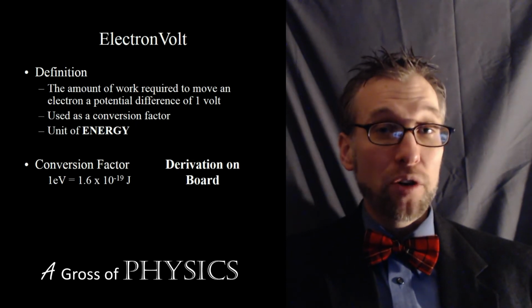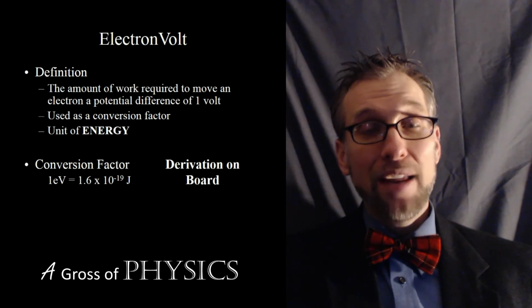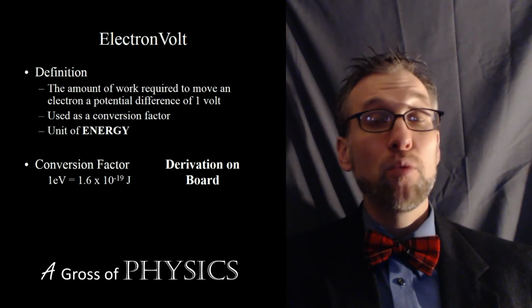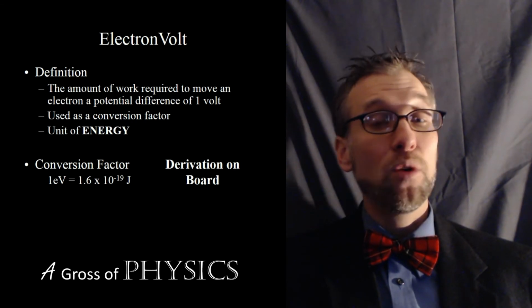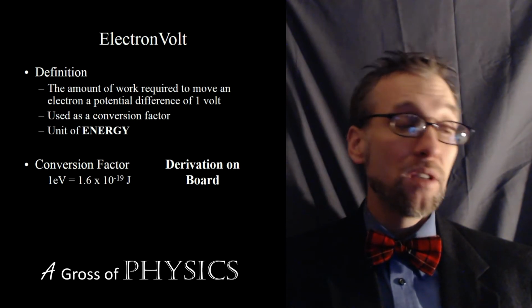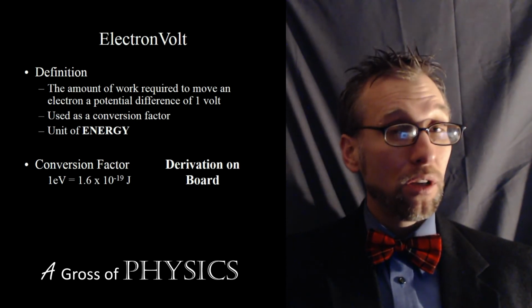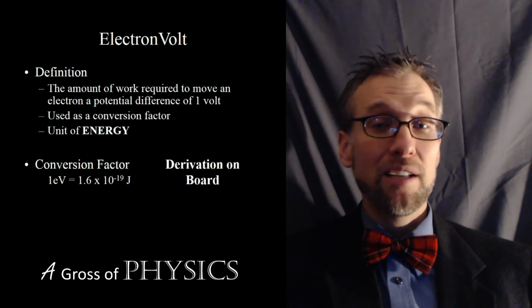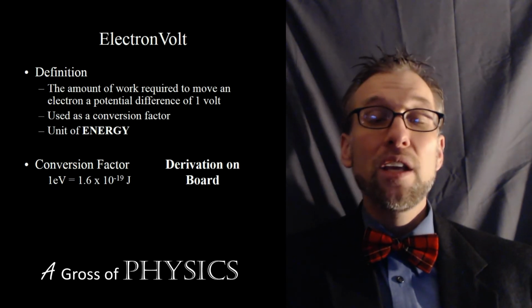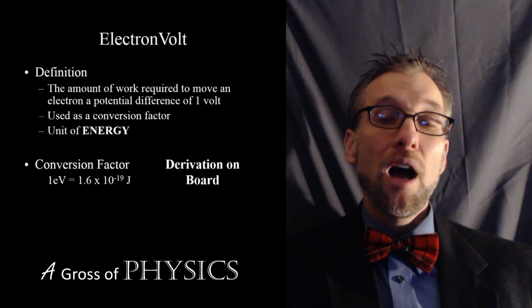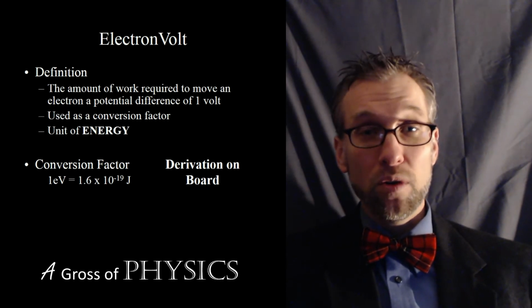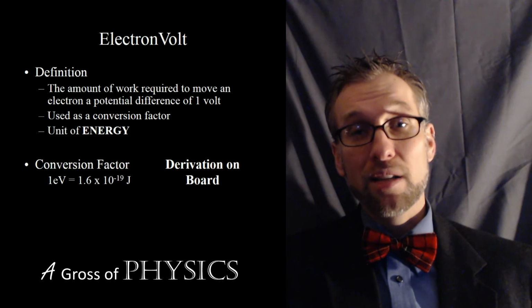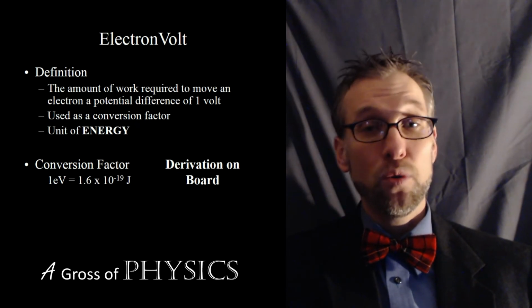So we have 1 electron, 1 volt, and the electron's charge is 1.6 times 10 to the negative 19 coulombs, and it moves 1 volt, then the amount of work that would be required is 1.6 times 10 to the negative 19 joules. So the conversion between 1 electron volt and joules is 1.6 times 10 to the negative 19 joules.